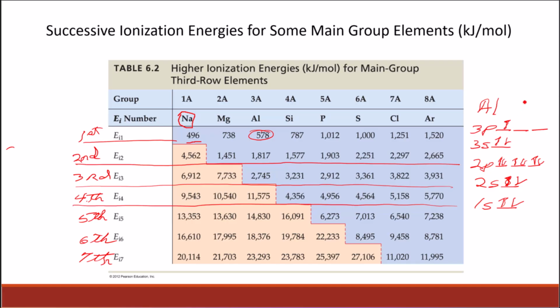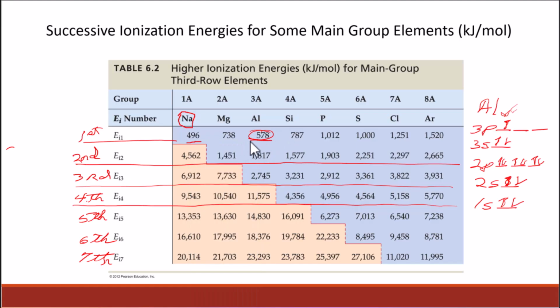Whereas aluminum has an electron sitting up here at a higher energy level, the 3p subshell, and there's only one electron all by itself. And if it can get rid of that electron, then it has magnesium's very stable electron configuration. So getting rid of the first electron in aluminum's electron configuration is pretty easy. That's why the ionization energy drops down.